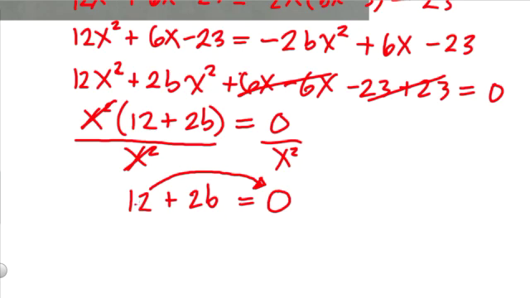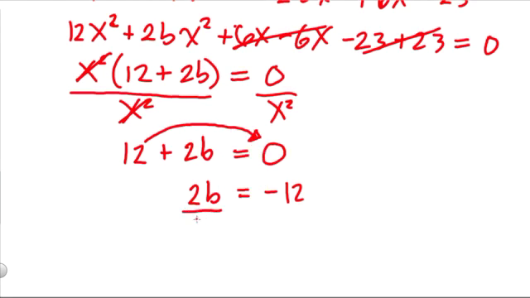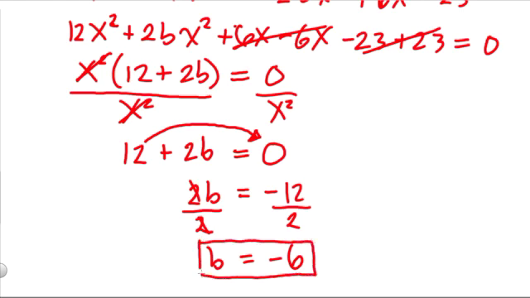Since it's positive, it becomes negative 12, and 2b remains on this side. Then we divide both sides by 2 to cancel the 2, and we're left with b equal to negative 12 divided by 2, which is negative 6. So finally, the value of b from that rational equation is equal to negative 6.